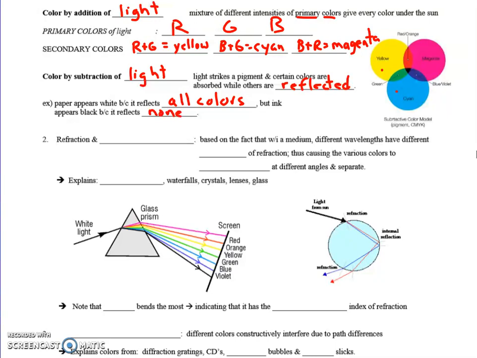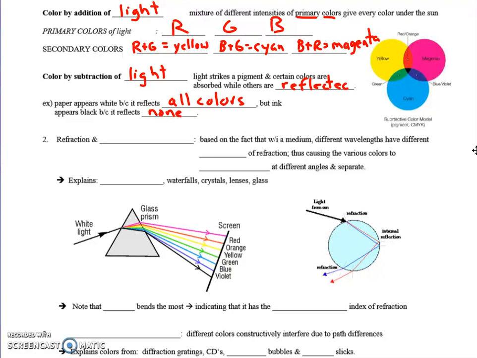Now, if I overlap that with cyan, cyan appears cyan because it absorbs red and only reflects blue and green. So if you will, I'm going to put next to this what it reflects: in the yellow are green and red, and cyan reflects blue and green. So when I overlap them, the only one that can reflect from both of them is green, so where they overlap is green. So that's color by subtraction. It's a little bit complicated, but we'll work some of these out in class, especially with filters.